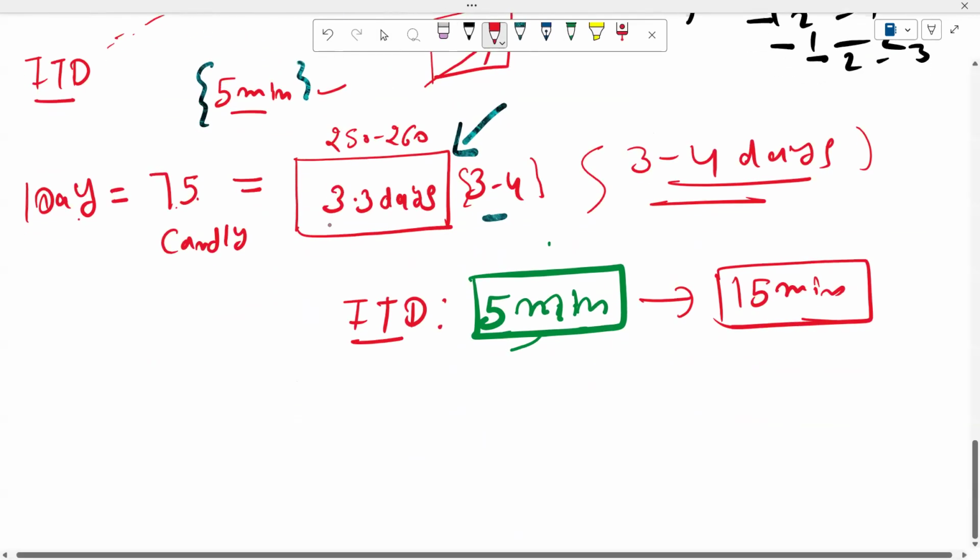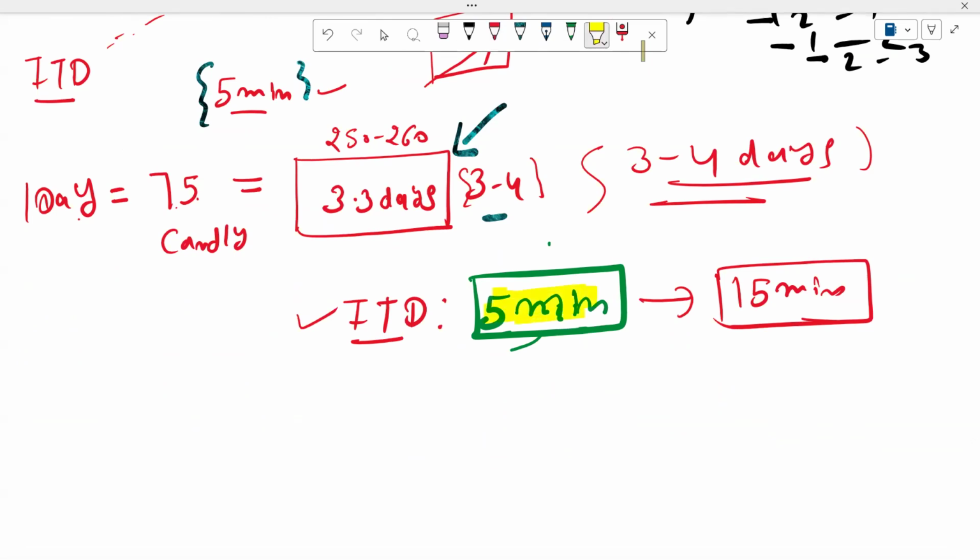Just remember, for an intraday trader, the best time frame is the 5-minute. Always put 5-minute candles on your screen, and if you want to see the past trend, you can put 15 minutes also. This is the best time frame, and this is the second best time frame for an intraday trader.